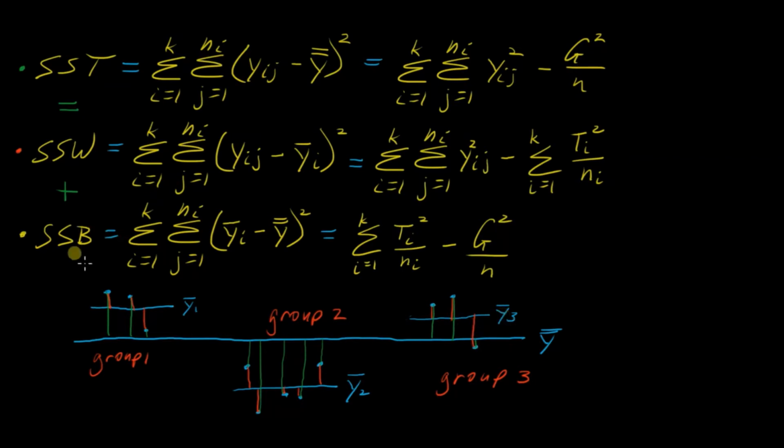And then we have the sum of square differences between. When you think of difference in math, think of a distance. So sum of square differences or sum of square distances, it's the same thing. And I've color coded that yellow. And that's from each group mean to the grand mean. And so that's going to look like this.